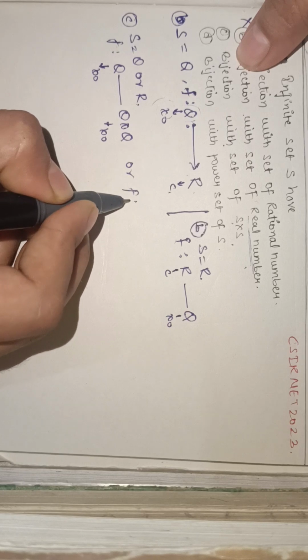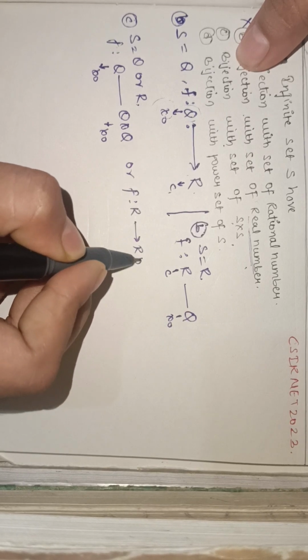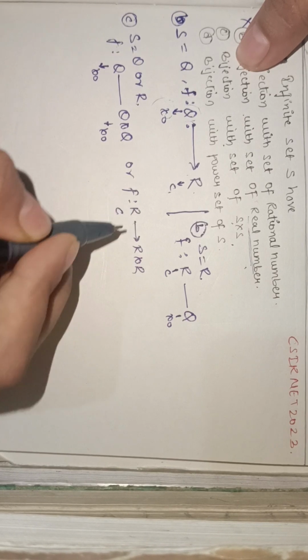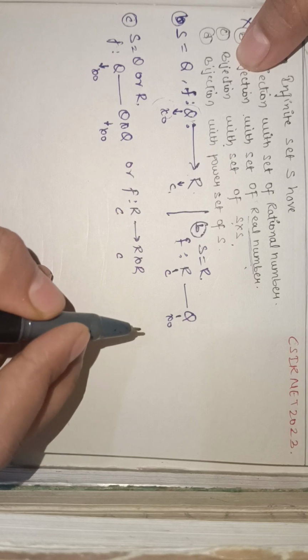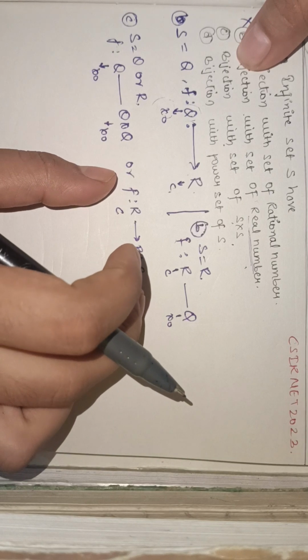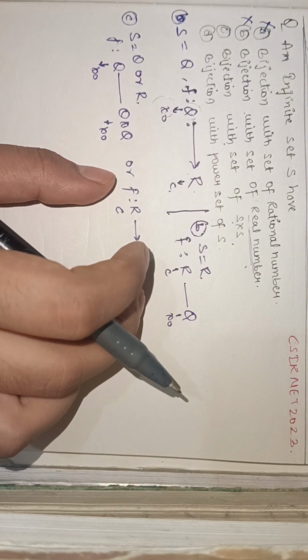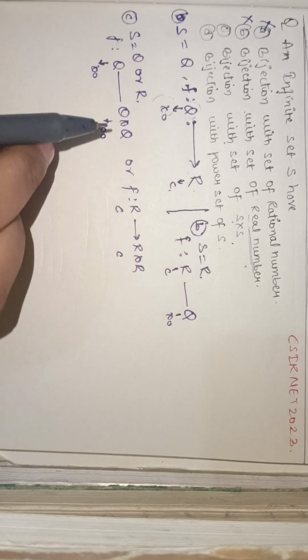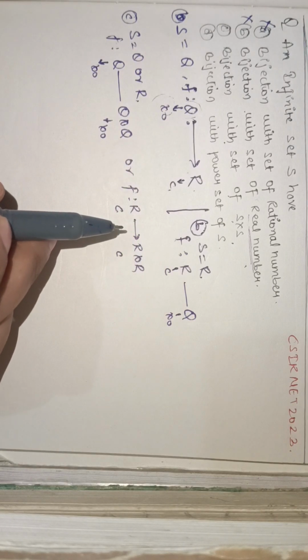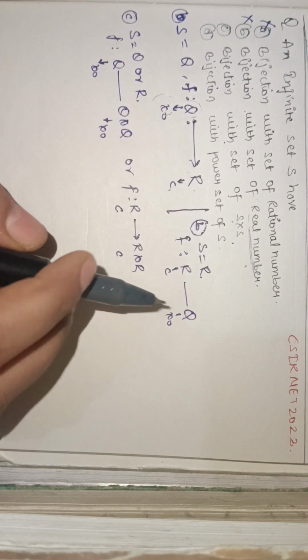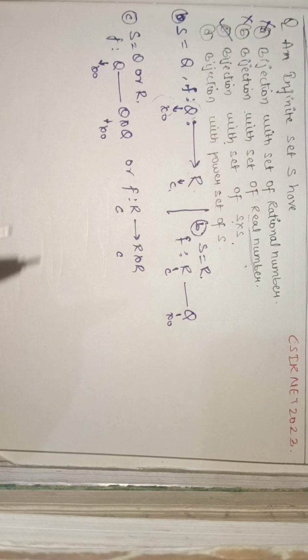Or we can say f from R to R cross R. Here our cardinality is the continuum and here the cardinality is also the continuum. So if the cardinality of the two sets is the same, then we can say that there can be a bijection with this function. So this option is true.